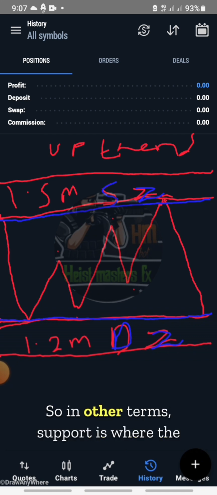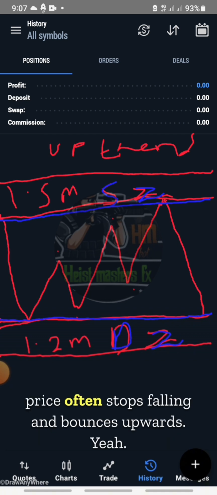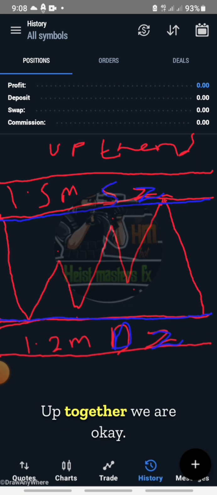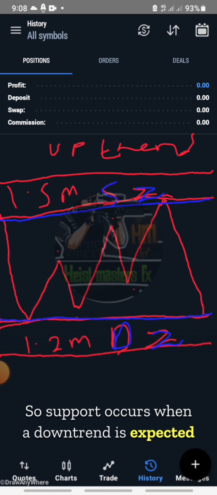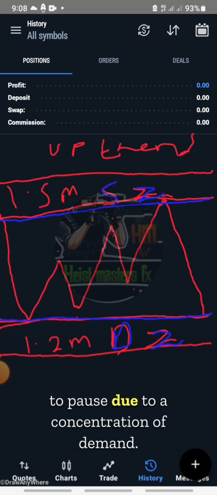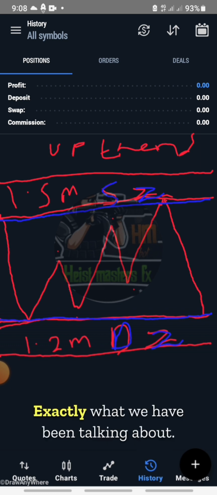Support is where the price often stops falling and bounces upwards. Up to there we are okay. So support occurs when a downtrend is expected to pause due to a concentration of demand. Exactly what we have been talking about.